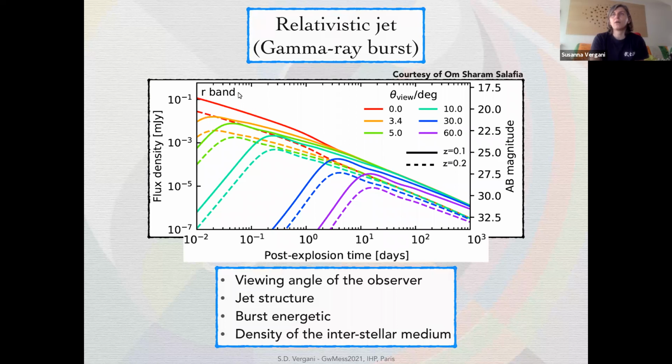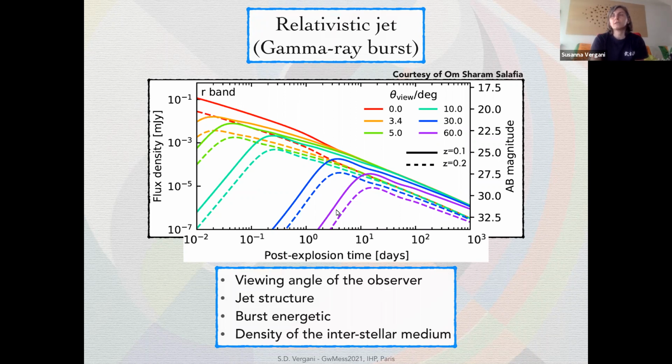Here you can see that, of course, when we are on axis, the object is bright, so it's very good for us, but it decreases pretty rapidly. After 1 day, it is already below the magnitude limits of LSST that I showed you before, okay? So we have to react really fast. Another thing that I want to stress is that this is a simulation following the parameters of the event connected with GW170817, but the light curves can be different depending on the viewing angle, the jet structure, and the burst energetics, because brighter bursts will have brighter afterglows, and on the density of the interstellar medium.